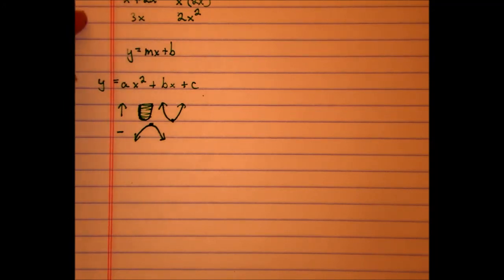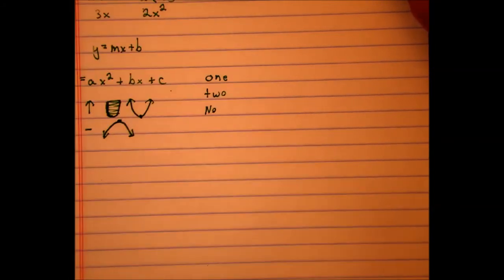Okay, we should still be able to find y-intercepts and x-intercepts. Now, here is something that I'm going to let you know. You will have either one x-intercept, you will have two x-intercepts, or you will have no x-intercepts.